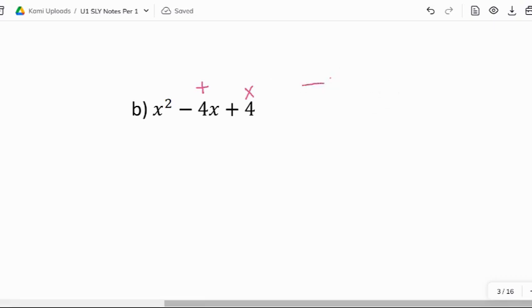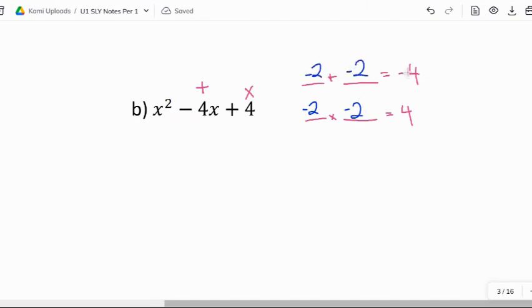And basically, I'm looking for two numbers that add up to be the middle term and multiply to be the last term. And they have to be the same numbers. Okay? So something times something ends up being positive. They're either going to be two negatives or two positives. What are the numbers? -2 and -2. Yeah.